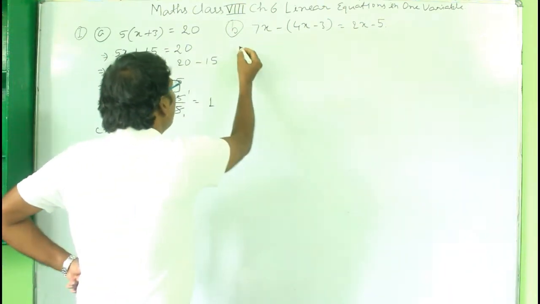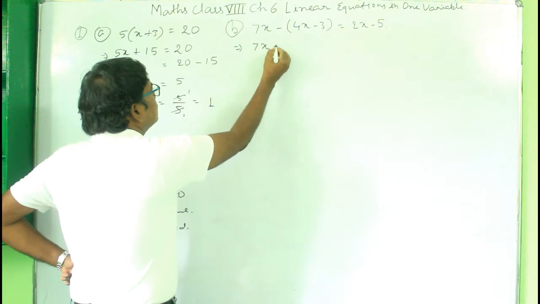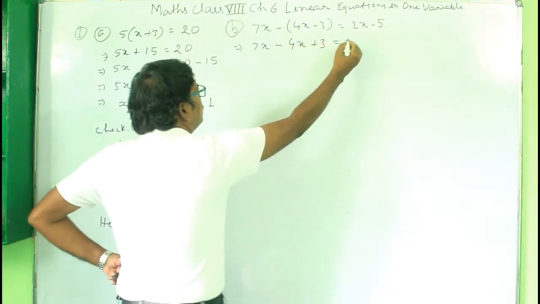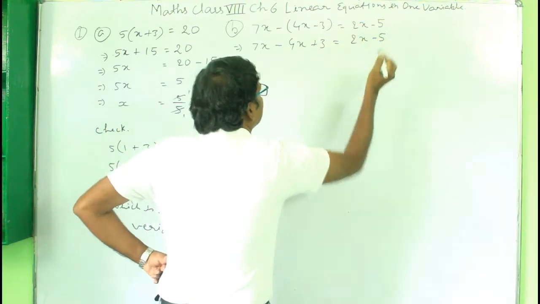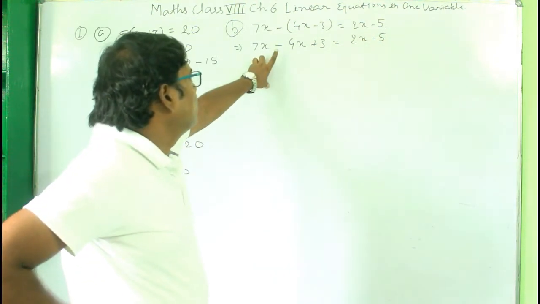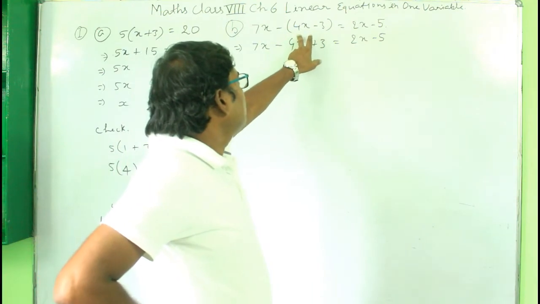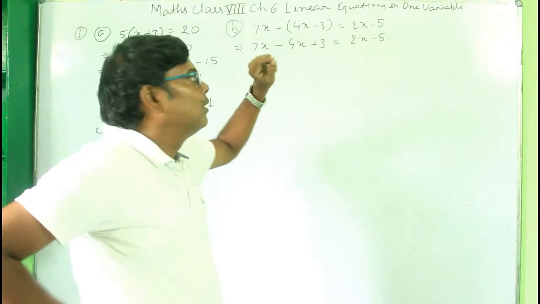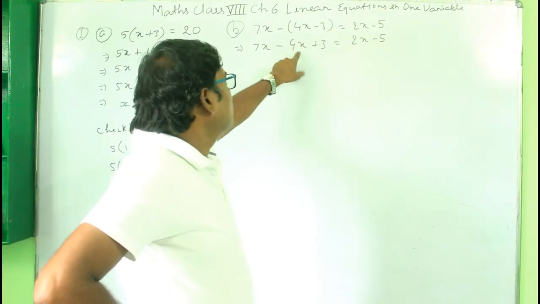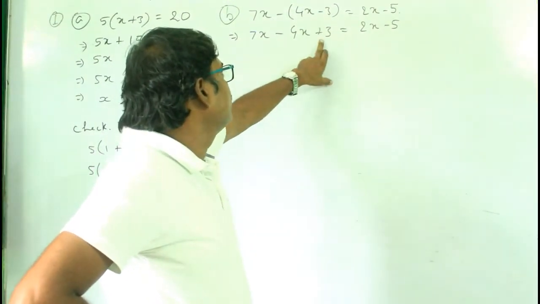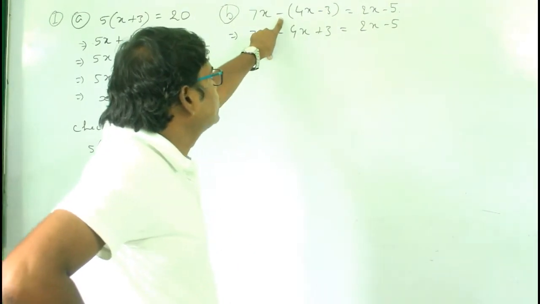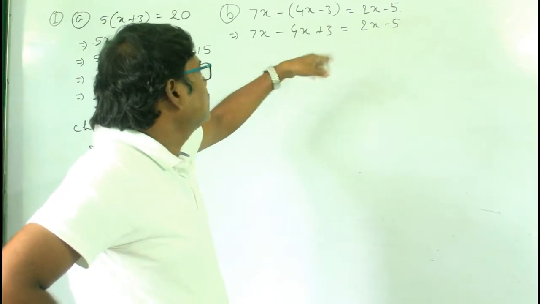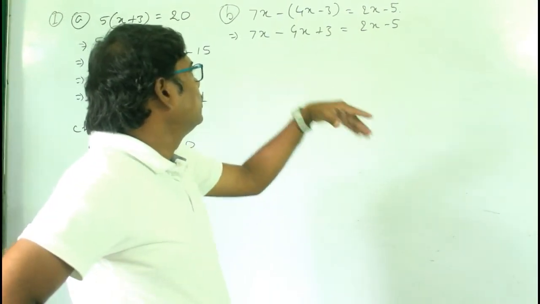So here 7x, open this bracket, then it will be minus 4x and plus 3 equal to 2x minus 5. Within the bracket it is 4x and minus 3. When I open the bracket, the sign of 4x becomes negative and the 3 becomes positive. Because it is minus outside, when you remove the bracket, the sign of 4x and 3 will change.